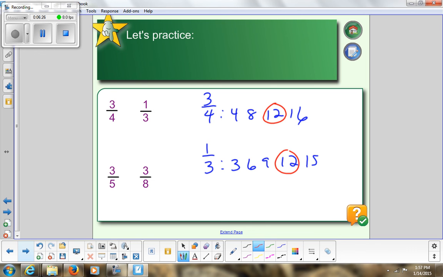So we're going to go into 12s. 3/4, 1/3 into 12. 4 times 3 equals 12, so 3 times 3 equals 9. 3 times 4 equals 12, and 1 times 4 is 4. So 9/12 is actually bigger than 4/12. So 3/4 is bigger than 1/3.